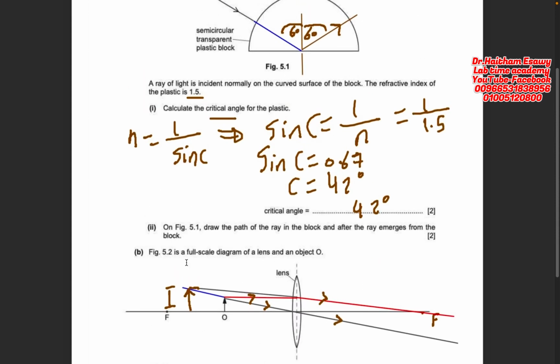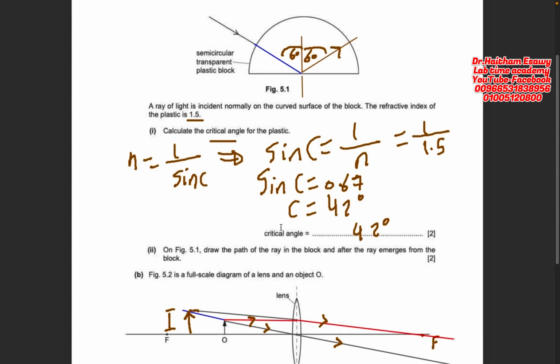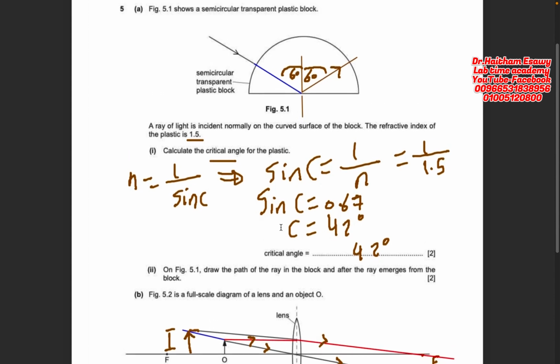II. On figure 5.1, draw the path of the ray in the block after the ray emerges from the block. Here, you know the critical angle is 42. Just connect this incident ray to the middle of this protractor. And here we have to draw the normal and measure the angle of incidence, which is 60.